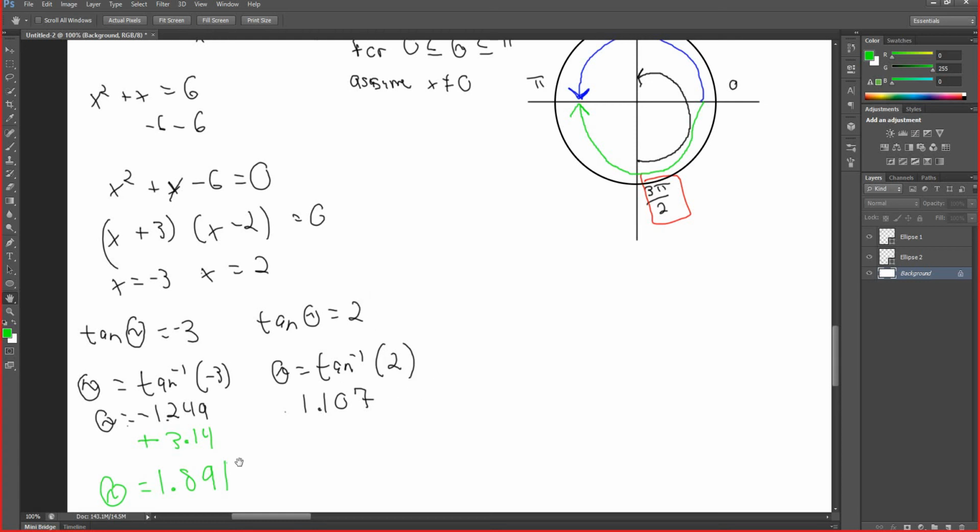Okay, so from here, I now have my two angles as 1.891 radians and 1.107 radians.